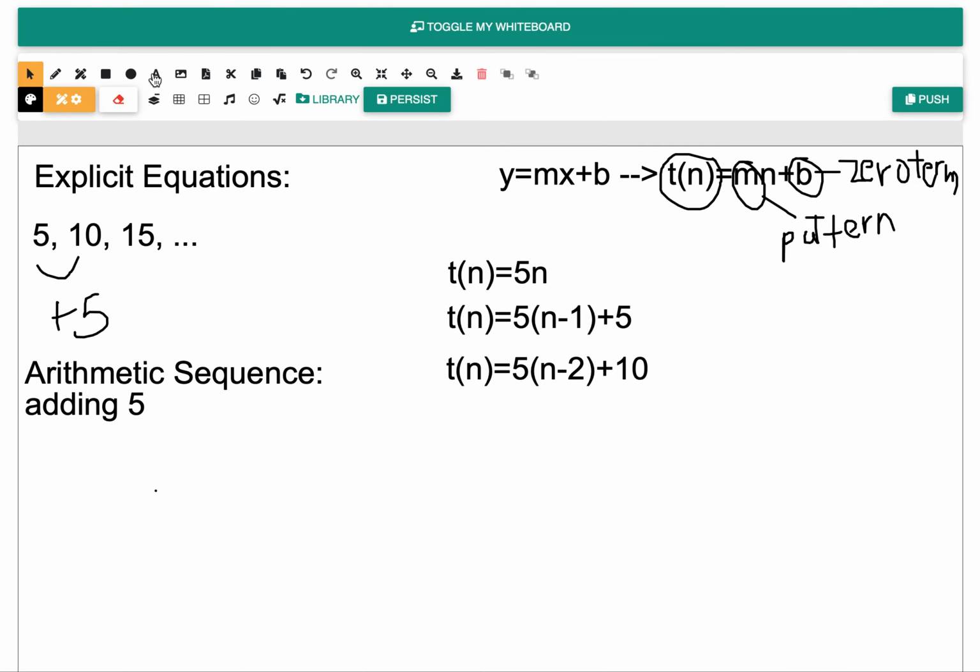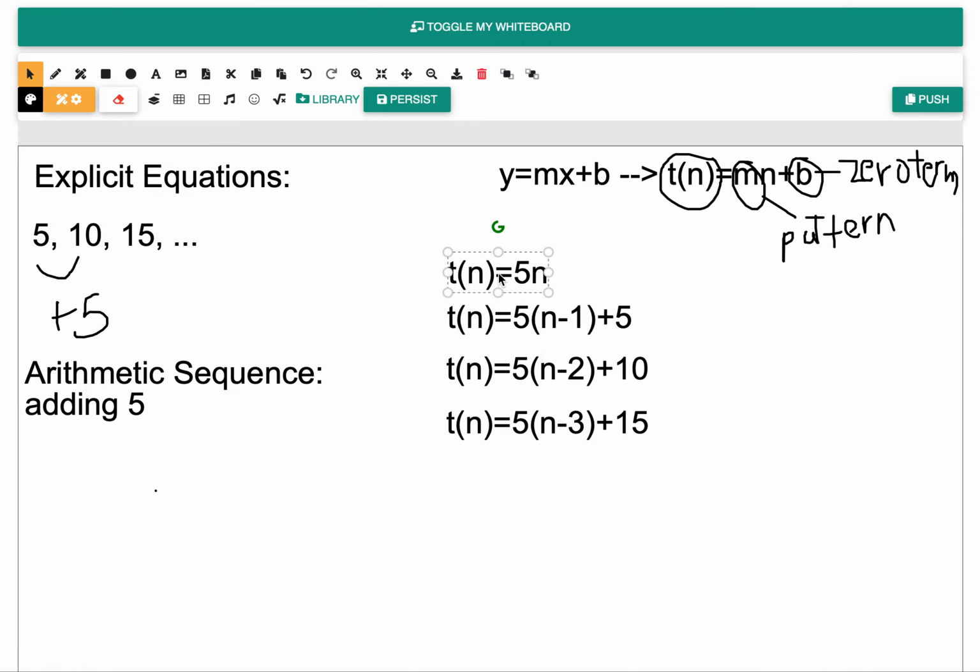So t of n is equal to 5, the pattern doesn't change, n minus 3 plus 15. Again, I'm taking away 3 because I'm using my third term as b. And I can keep going if I wanted to. You can pick any of these equations to use as your explicit equation for the arithmetic sequence.